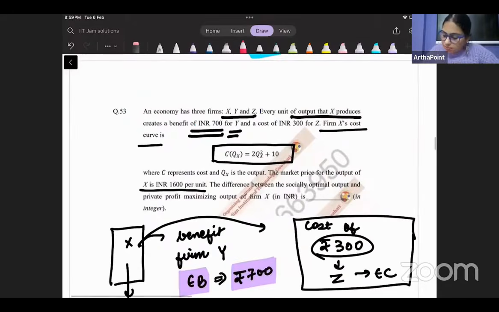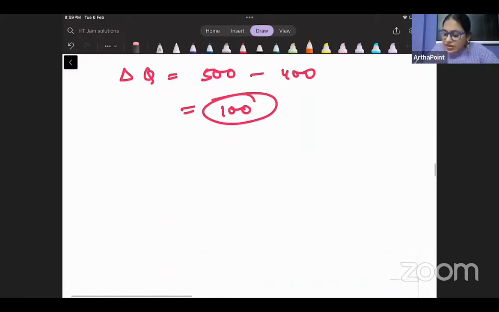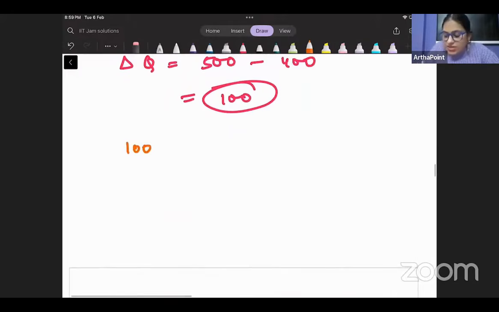But, beta, notice that in brackets they have written INR. That means they are asking for the answer in rupees. So ideally, if I convert these 100 units into rupees, each unit costs 1600. Price of each unit is 1600.